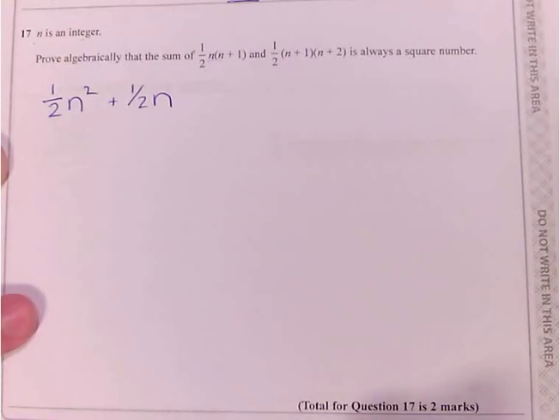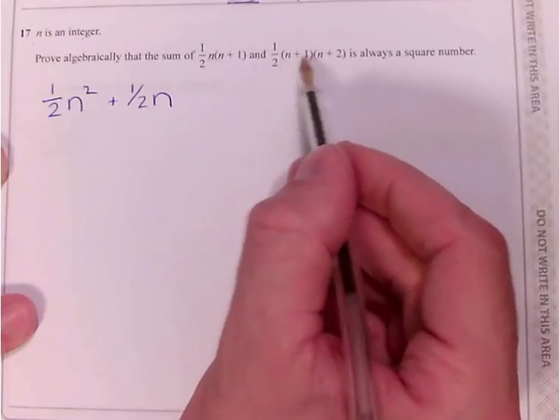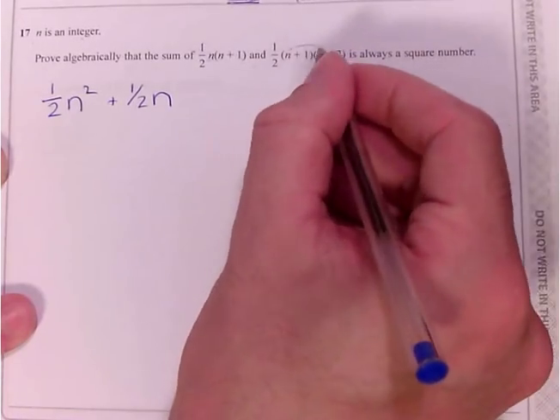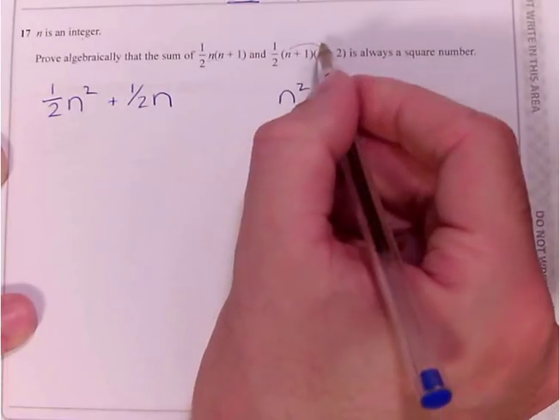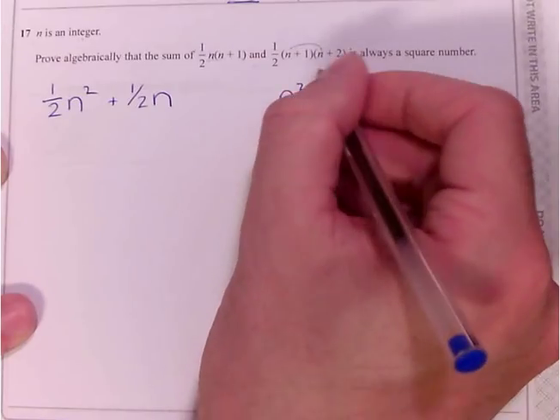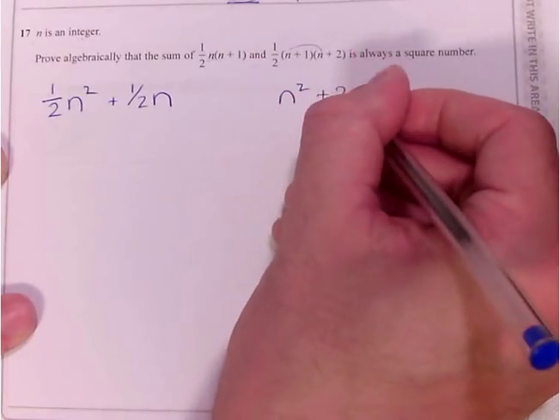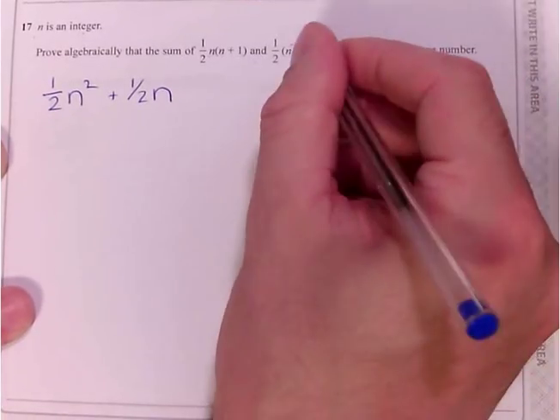Let's expand this one as well. I've got 2 brackets here, so I'm going to use FOIL. N times n would give me n squared. So first outside, n times 2, 2n. The inside ones, 1 times n, n. Last, 1 times 2, 2.